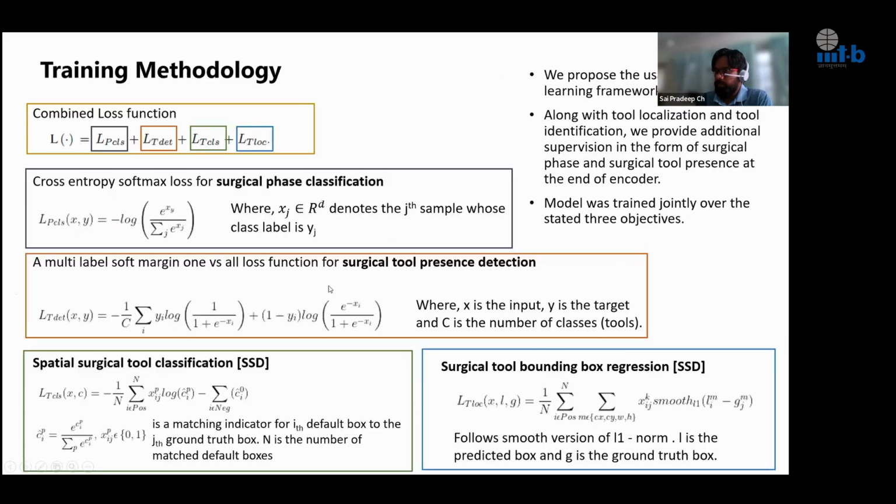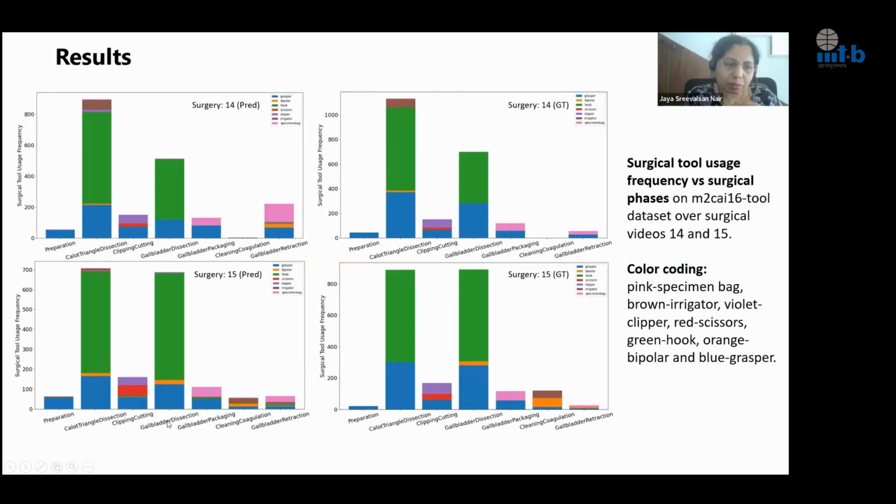For example, on the x-axis it is the phases, and this is the relation between the tools, these bars. During cleaning and coagulation, there will be a lot of interchanging of tools or actual work happening between gallbladder packaging, cleaning and coagulation, gallbladder traction, or even sometimes gallbladder dissection.